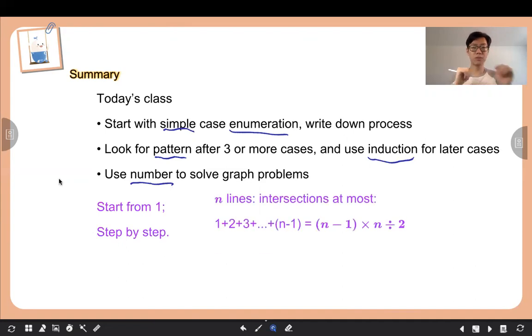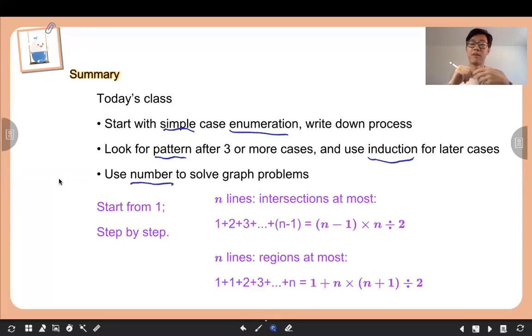And those 2 formulas we just learned: if we have any arbitrary number of lines, how many intersections can we get at most? How many regions can we get at most? Don't just memorize the numbers. Practice it after class, and know how we arrive at this. That's why we can then apply it proficiently to any other questions.